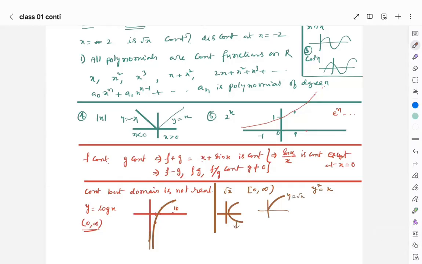This lower part will be y equal to minus root x. There is no break. It is continuous in the interval 0 to infinity.